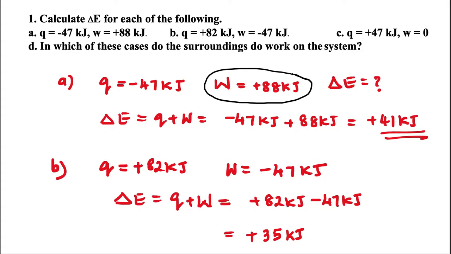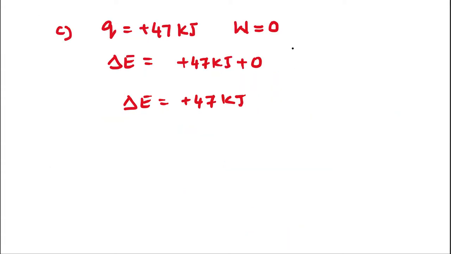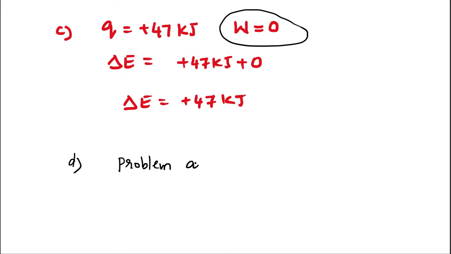The system is taking the work, and in the second case it is negative. So that means the system is performing the work on the surroundings. In the third case there is no work. So what is the answer here for the problem D? The answer is very simple. The surroundings are performing the work on the system in problem A. In problem A, the system is receiving the work from the surroundings.